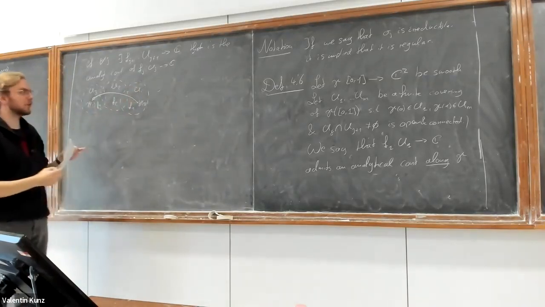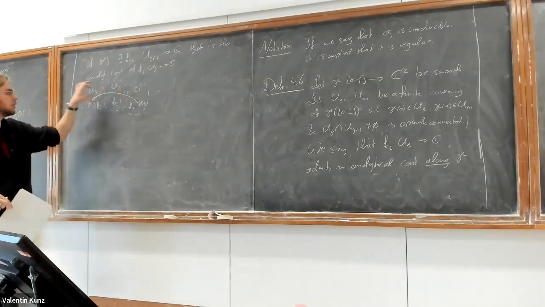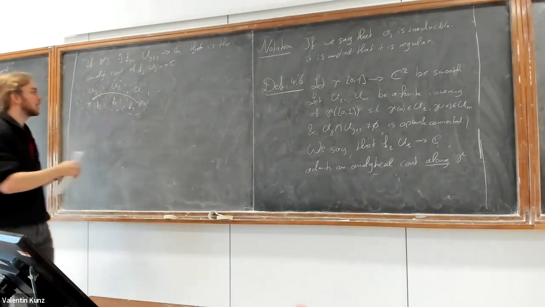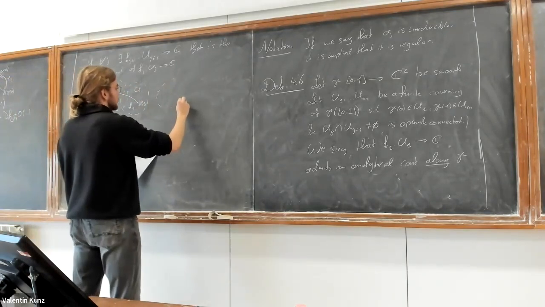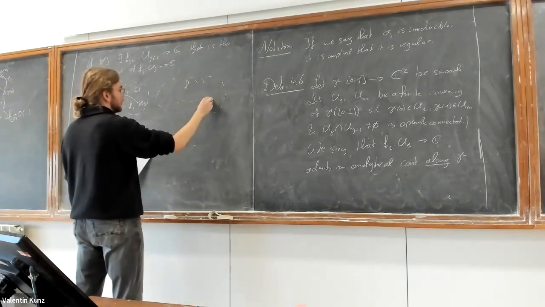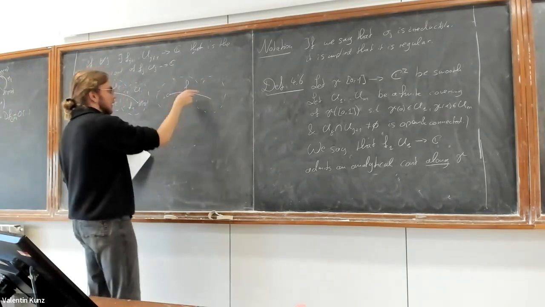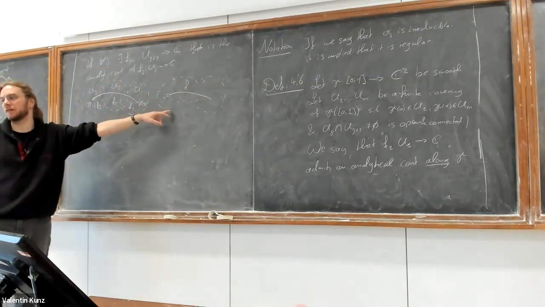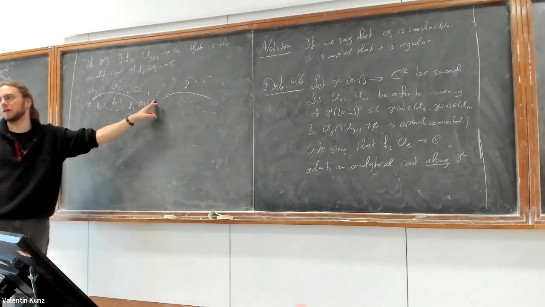What the definition says is that if I can then find U2, U3, F2, and F3 like this, then I can make sense of a function f that lives in here. For this function, I can then say what value it takes at gamma of 0 and at gamma of 1.